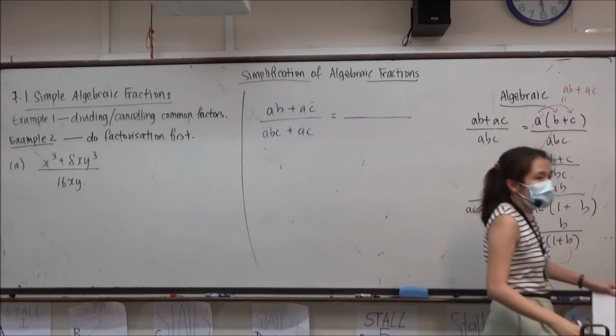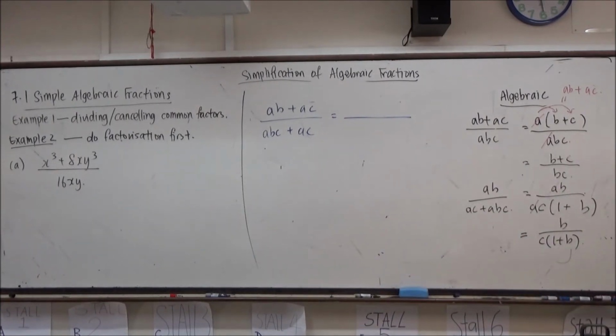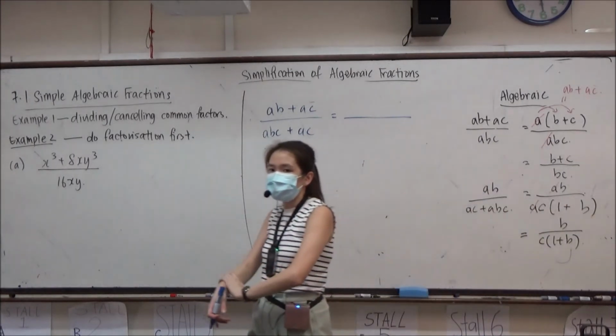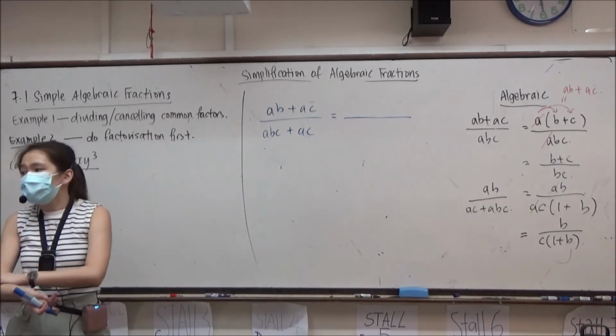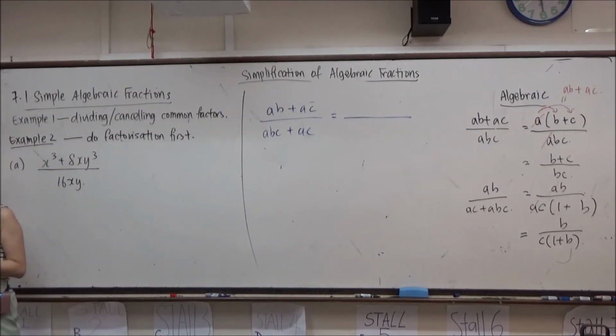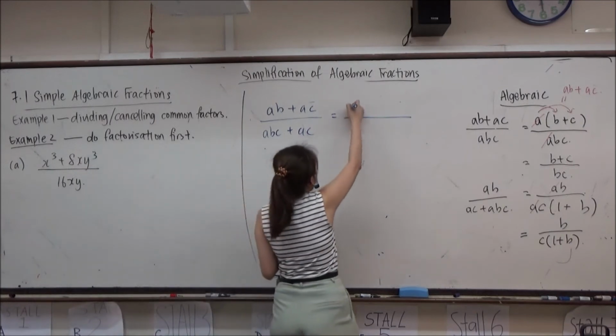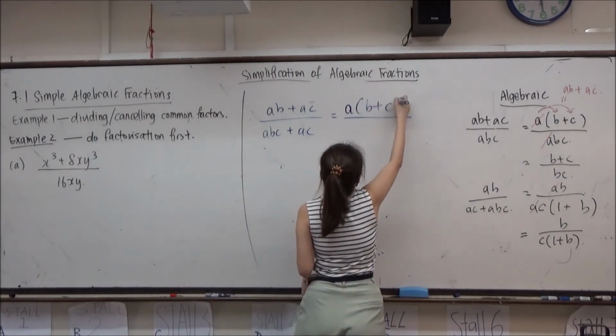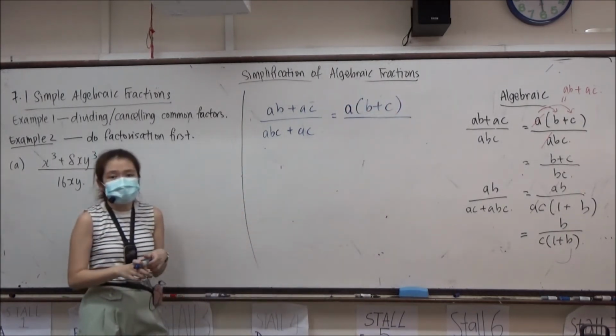How to actually do the factorization. AB plus AC factorize, what do we get? Peter, let's try. Very good. A bracket B plus C, so take out A, left with B plus C.